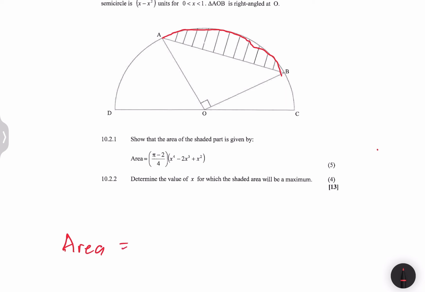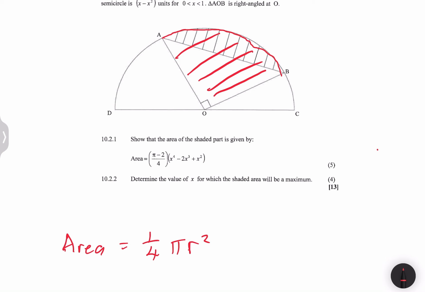Remember, the area of a full circle is pi r squared, but this time it's going to be a quarter. So the area is going to be 1 over 4 pi r squared. Okay, right. So that's the area of that entire part there, as I have shown you.